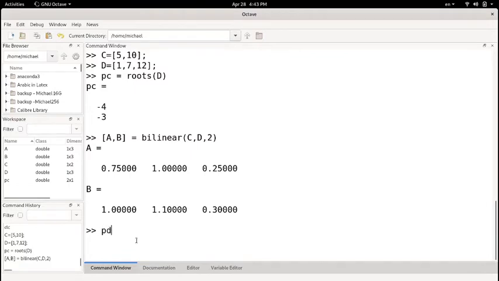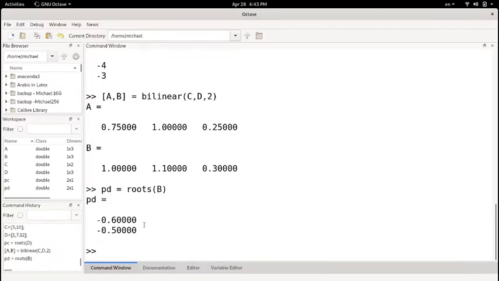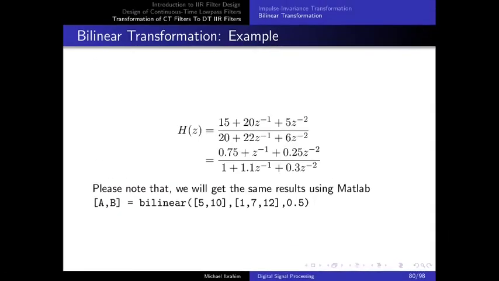So the poles of the discrete time system would be the roots of B. So -0.6 and -0.5, both of them are located inside the unit circle, which tells us that the bilinear transformation actually maps the left half plane of the S-domain inside the unit circle. Any poles in the left half plane will be mapped inside the unit circle.